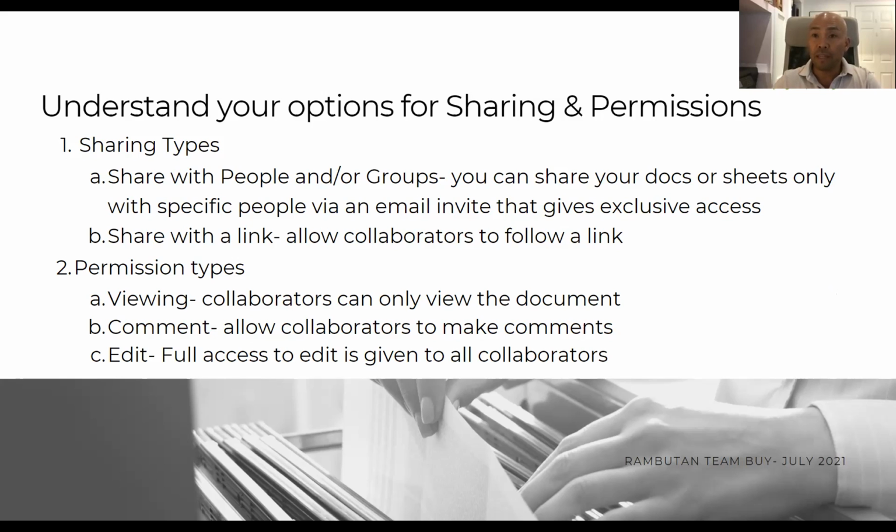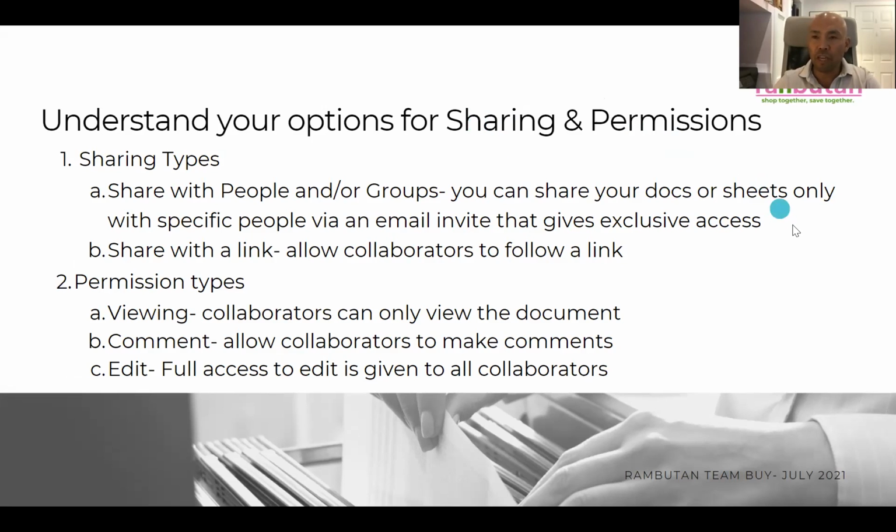Share with a link allows collaborators to follow a link. With these, and I'll talk about it in a sec, we control the permission types of those collaborators and viewers who receive those documents. These permission types include viewing, being able to comment, or editing. So with viewing, collaborators can only see the document and can't make any changes on the document.